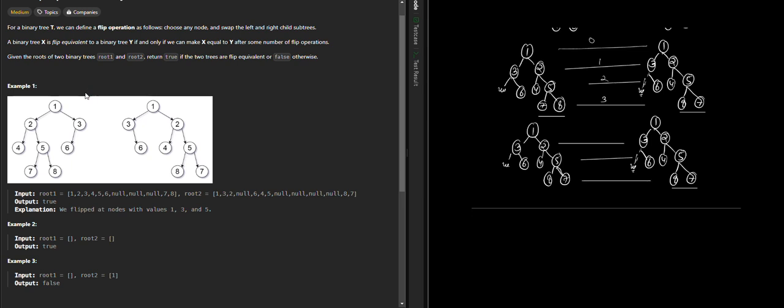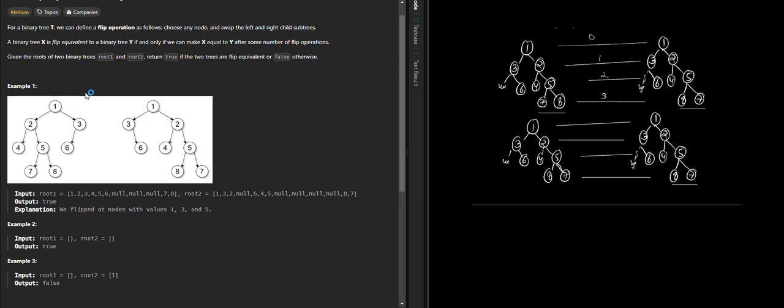Now there are some conditions we have to check here. Let's say the left subtree or right subtree is not there. We are checking the left tree and right tree, right?